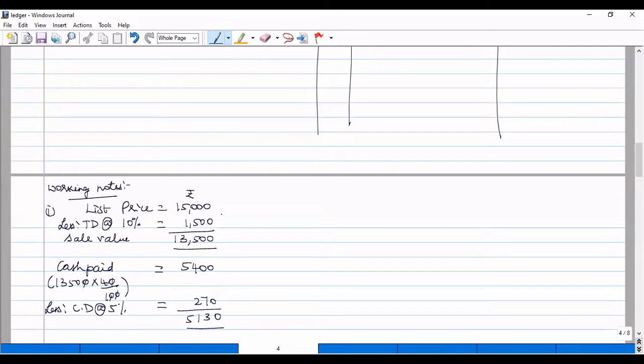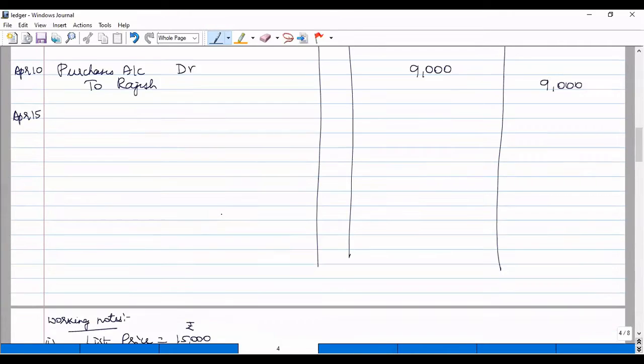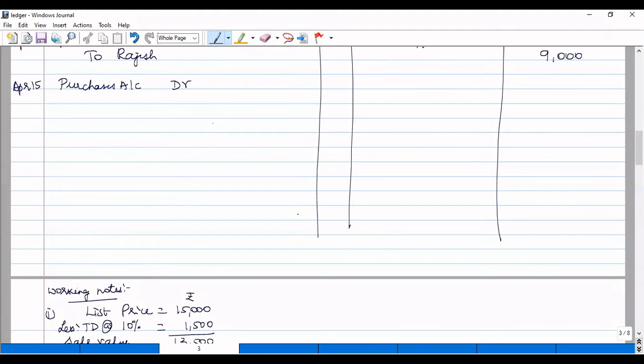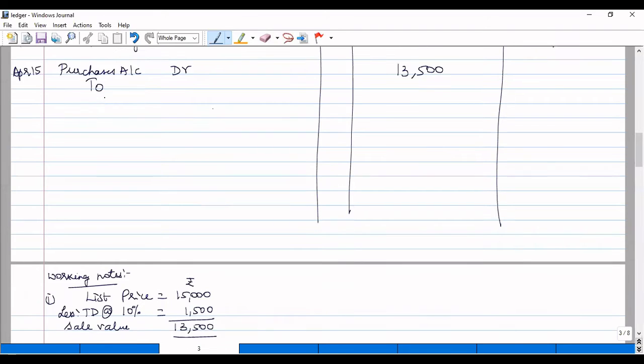Now we'll come to the journal and we'll pass the entry. Purchases account debit. We have to debit the purchases account with the total value of purchase. The total value here is 13,500. Okay, so 13,500 is debited to purchases account. Out of this, we have paid only 40% in cash.